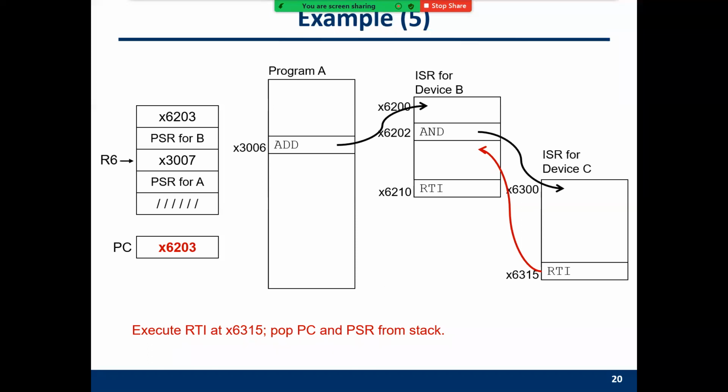After this is completed, the CPU will go back to the main program. So you can see here is a stack. First, this one will be pushed into the top of the stack, and then this one will be pushed into the top of the stack. But this one will be popped out first, and then this one will be popped out.